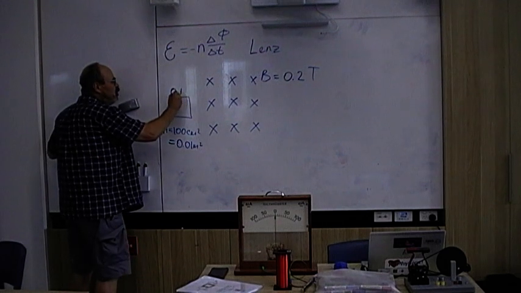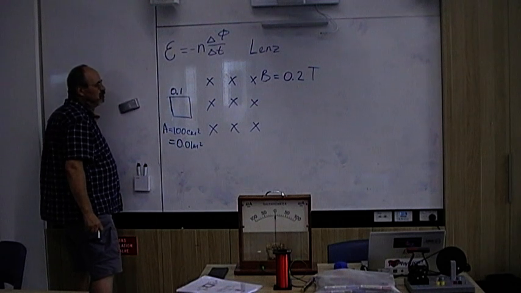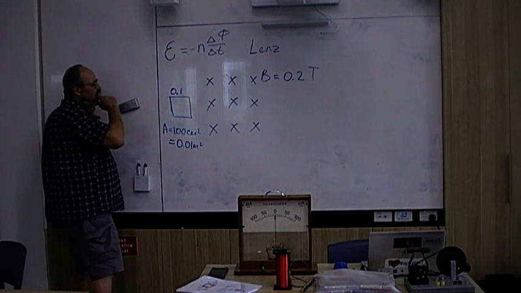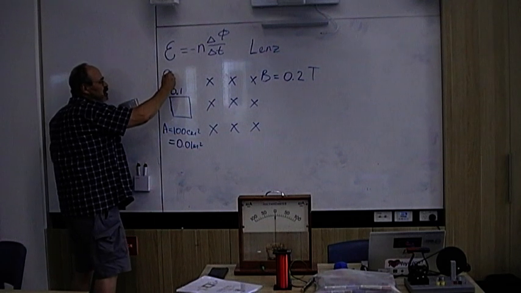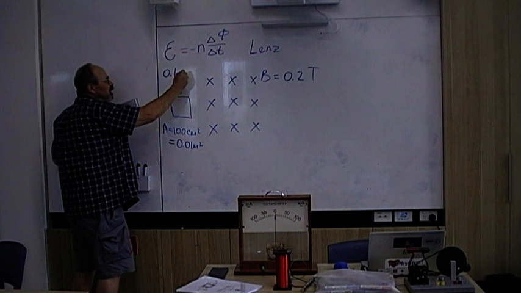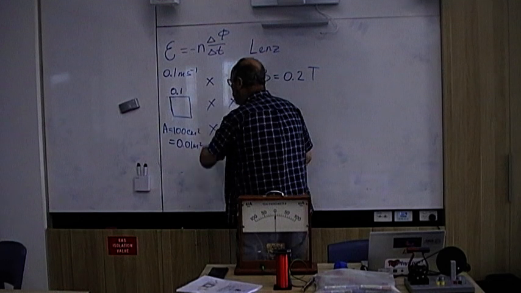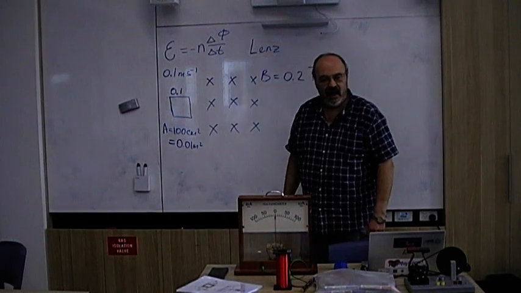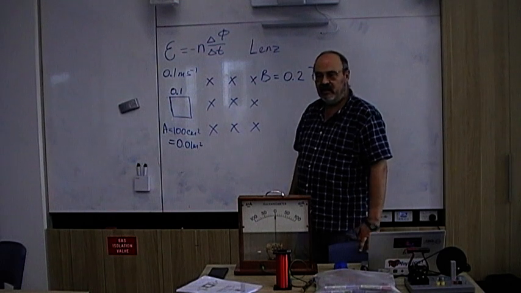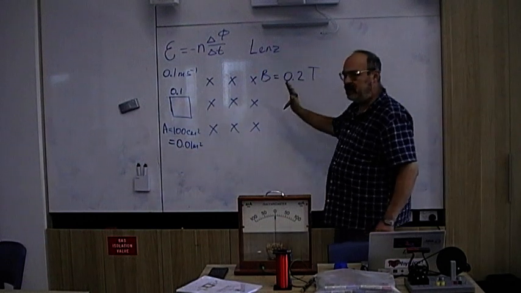Let's say we're moving it in with a speed of 0.1 meter per second. It's just at the edge of the magnetic field and we're moving it in. Let's find how big the EMF will be while we move it from completely out to completely in.